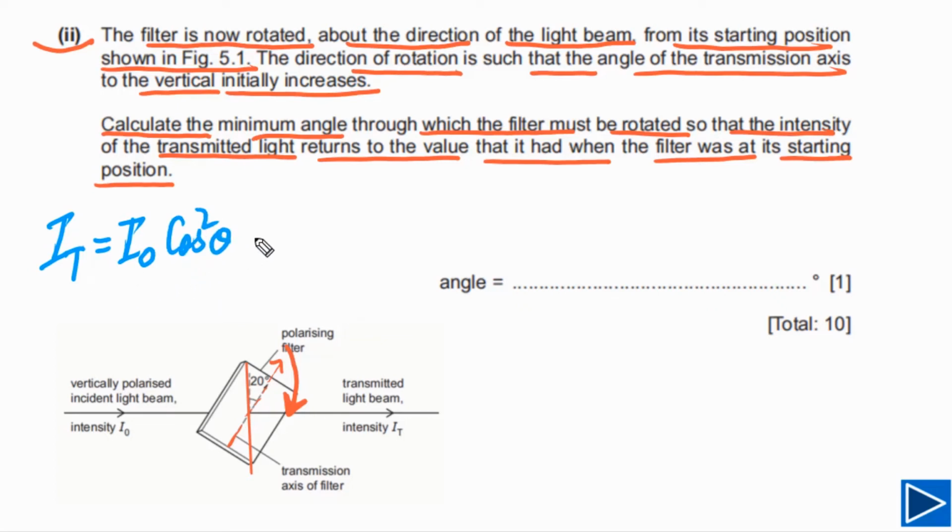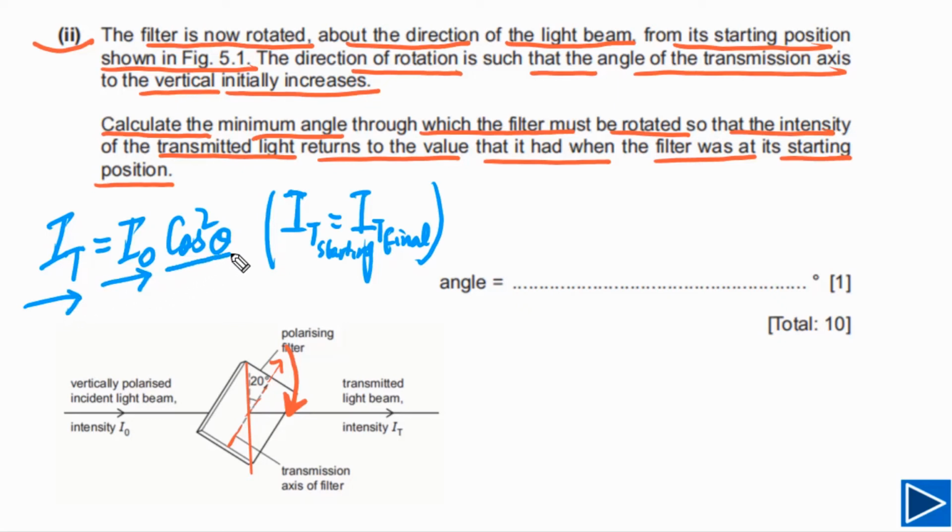In this case, intensity of transmitted light IT at the starting position has to be the same as intensity of transmitted light at the final position. So these two have to be the same. If IT has to remain the same, I naught is fixed, so the cosine square of theta also needs to remain the same. So how can cosine square of theta be the same?